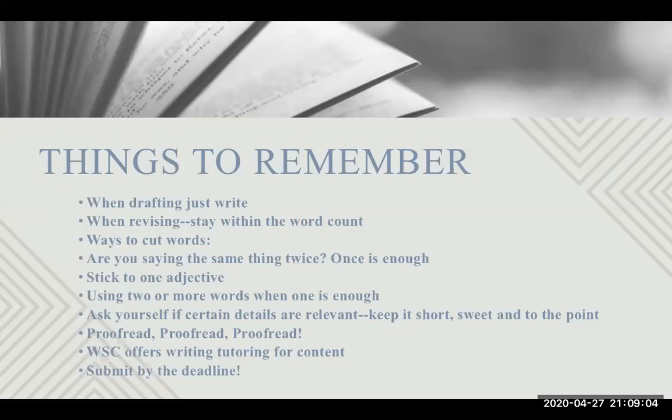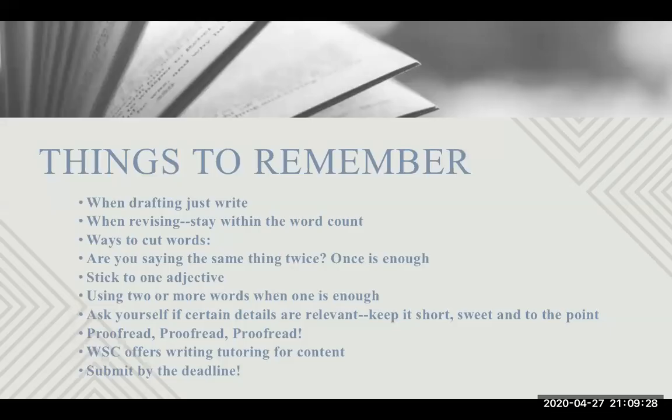When revising, again, stay within the word limit. So, when you're revising, that's when you're starting to cut some of the unnecessary words. That's probably one of the hardest things: how do I cut something? Everything's necessary.